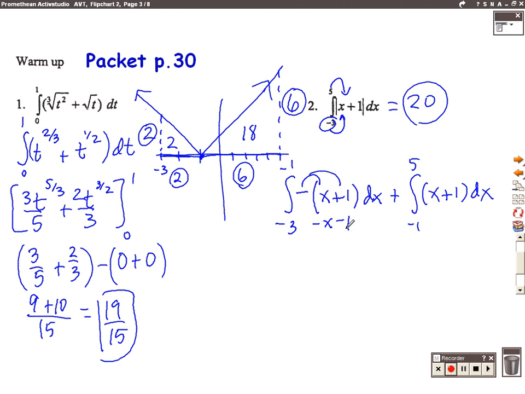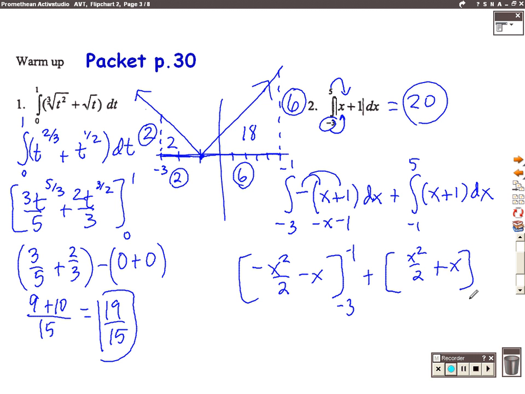So you would have -x squared over 2 minus x evaluated from -3 to -1, plus x squared over 2 plus x evaluated from -1 to 5. You would just do your arithmetic and clean it up, and that's how you would do that particular problem.